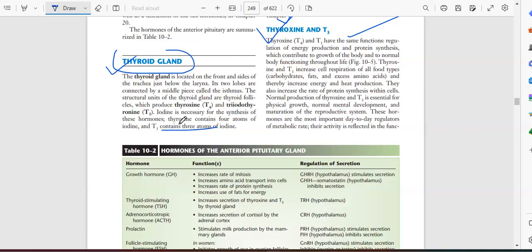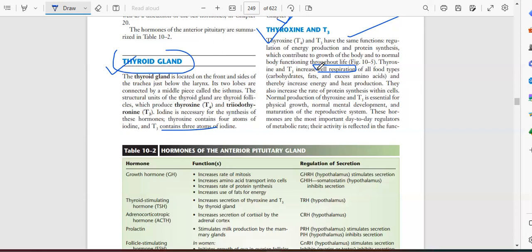They increase cell respiration. We talked about cell respiration in earlier classes, how cell respiration occurs. So basically, T3 and T4 are helpful for cell respiration. This is their basic function, because without cell respiration, the energy is not converted and not utilized by the cell.